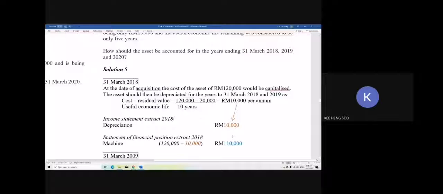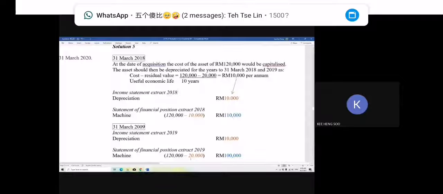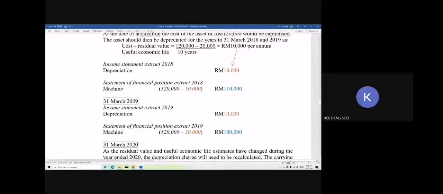So first year minus 10,000, second year minus 20,000. Depreciation is still 10,000, but your carrying amount now becomes 100 after 2 years. 2008 and 2009.